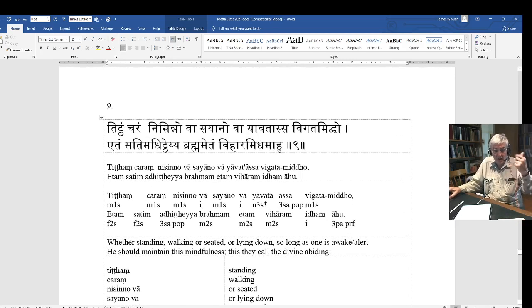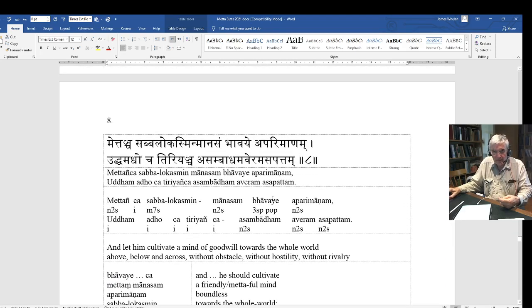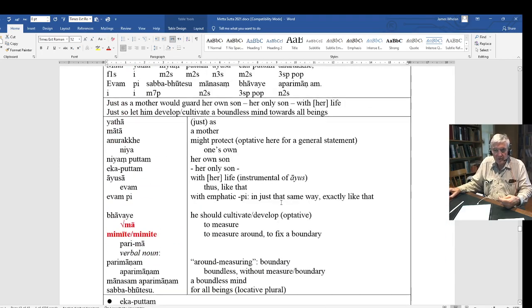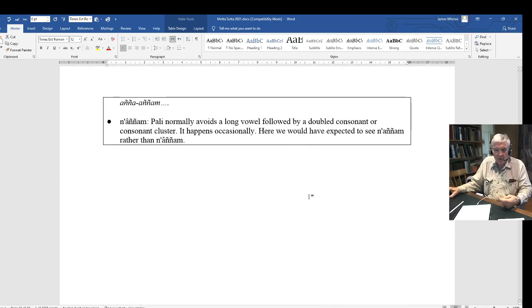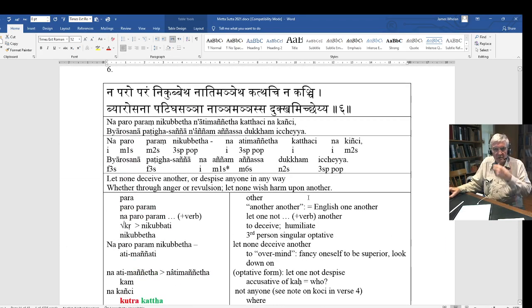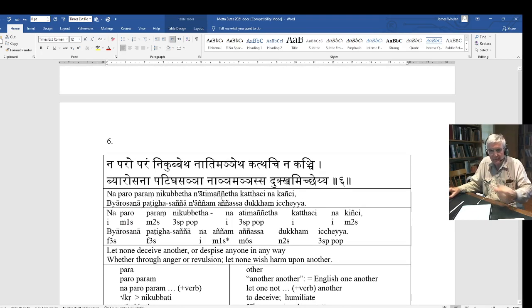Here you will see in one and the same short work, you've got the longer form, adiyeya. You've got the shorter form, bhavaye. A couple of the shorter forms, anurakkhe. And you've got the one that's the reflection of the Sanskrit atmanepada: natimanyeta and nikubeta, and natimanyeta in the same verse, and icchaya.